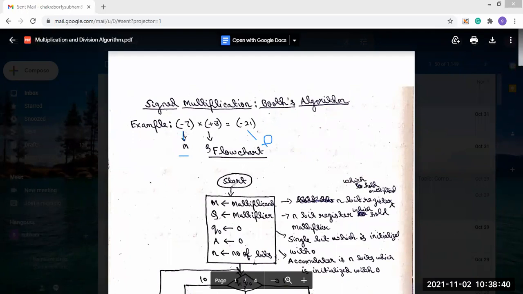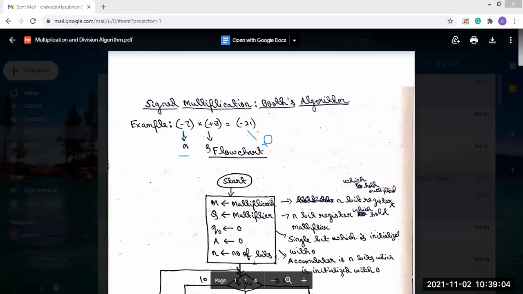In this flowchart, first there is start. From here we will start. Then all the variables that are required, we will initialize them here. M stands for the multiplicand.